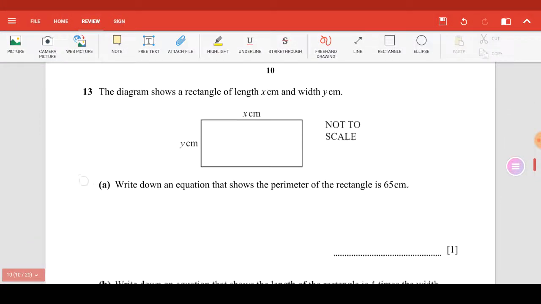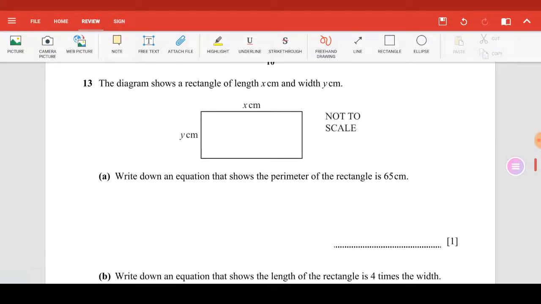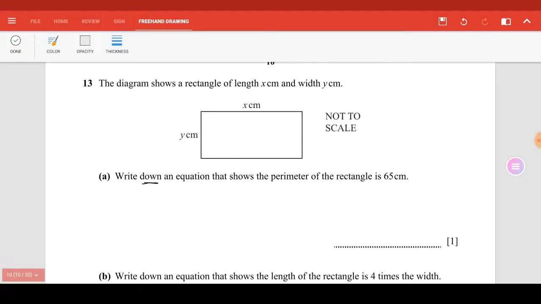The diagram shows a rectangle of length x centimeters and width y. Write down an equation that shows the perimeter of the rectangle is 65. He doesn't ask you to prove. He needs to write down an equation with the two parameters.